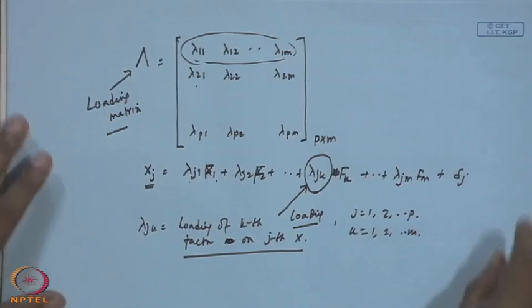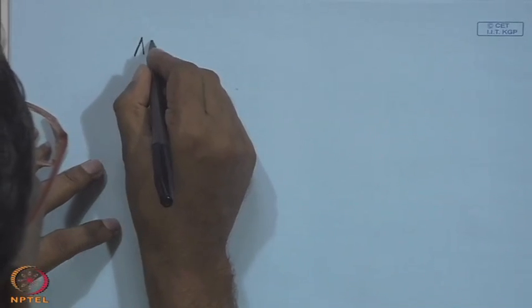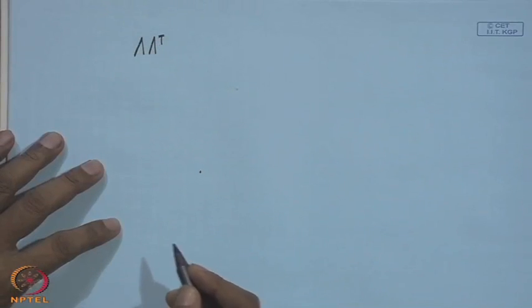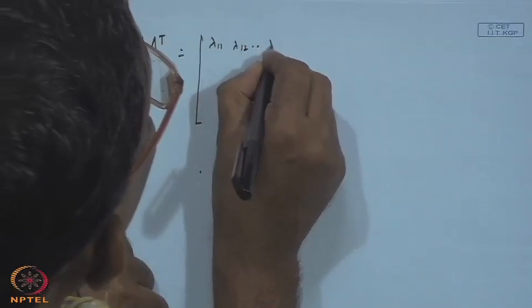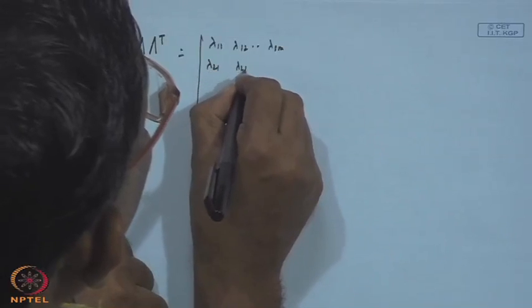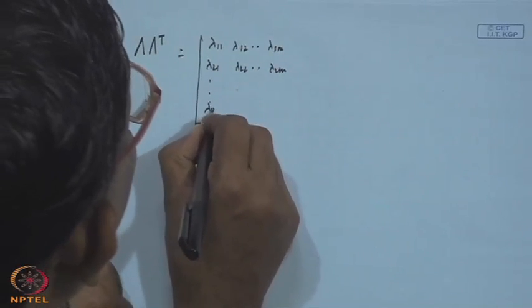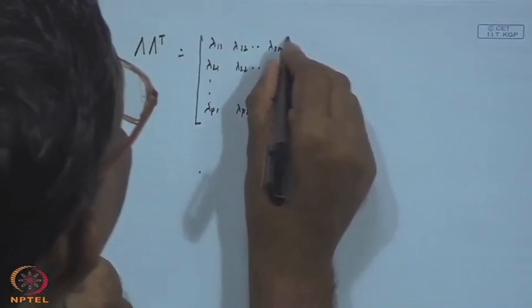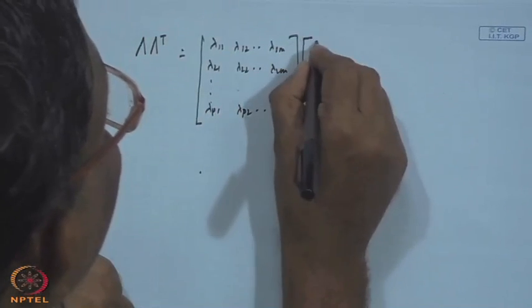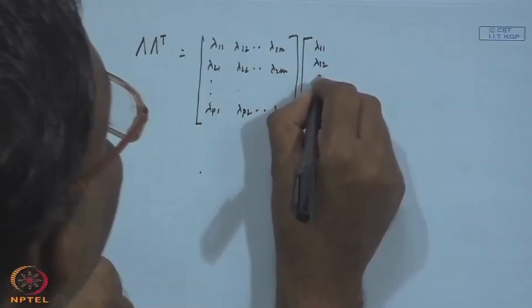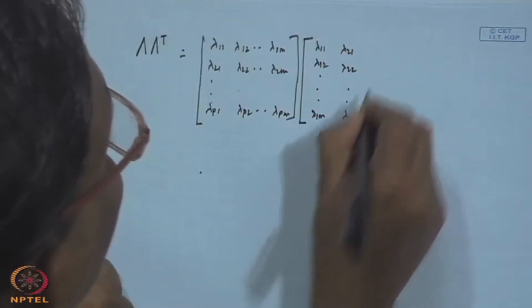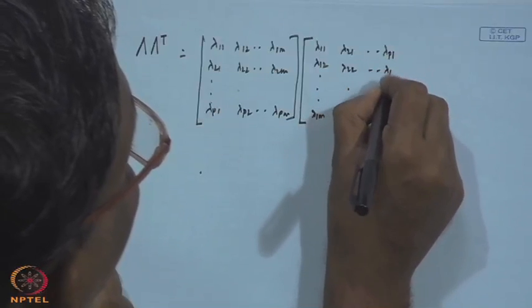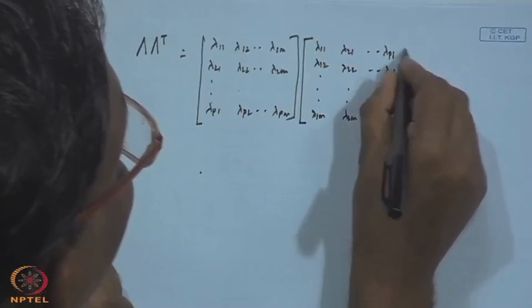Correct. Now, what is your lambda transpose? If you write this down, you have to write lambda 11, lambda 12, lambda 1m, 21, 22, 2m, p1, p2, pm, then transpose 11, 12, 1m, 21, 22, 2m, p1, p2, pm.